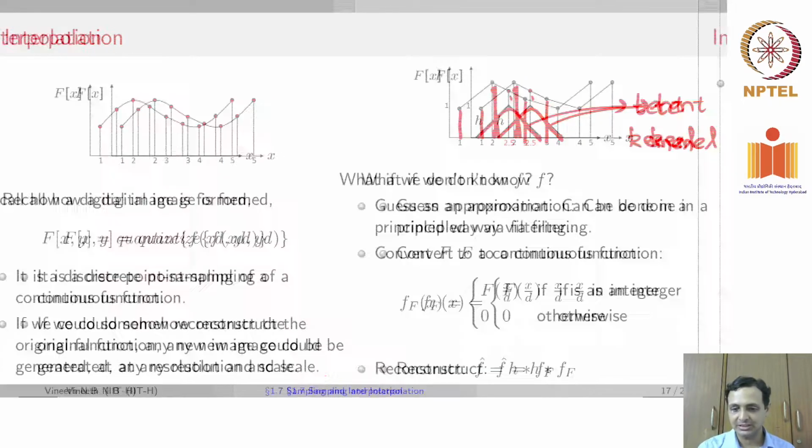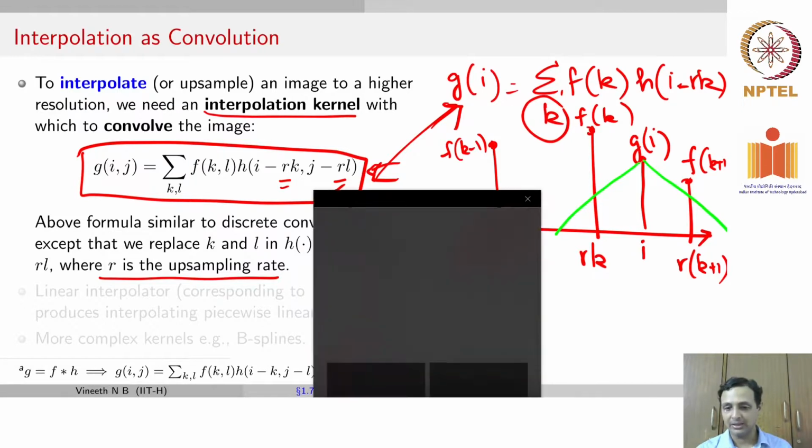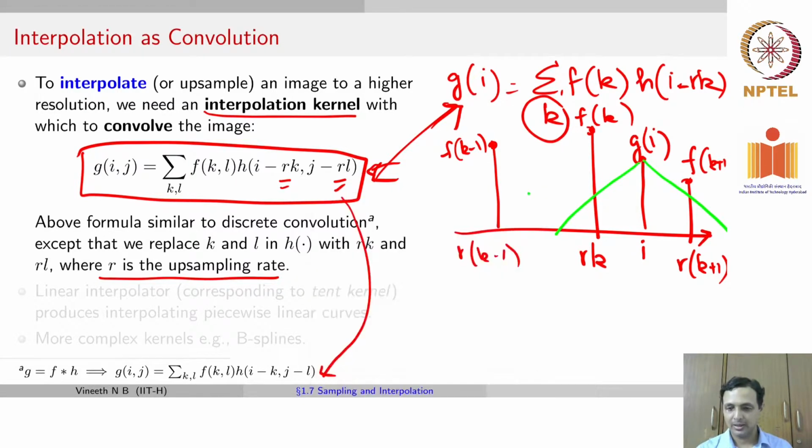So if you place the h kernel here, something like this, then you're saying g of I is going to be f of k into h of I minus rk. I minus rk is going to be this value here with respect to h, which is the green curve.